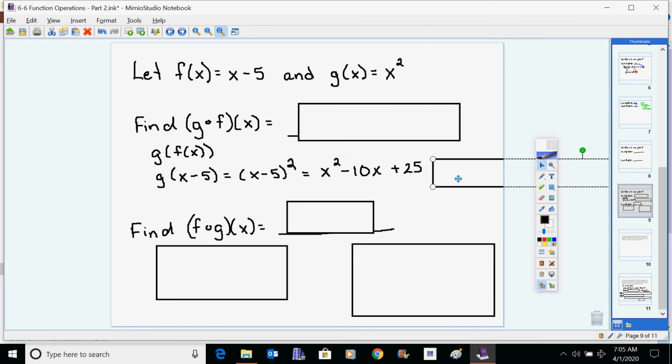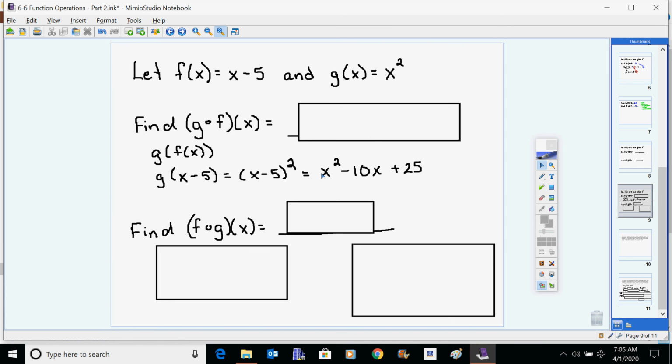You've got to multiply that thing out because it's a binomial squared. It follows the pattern: this one squared at the beginning, this one squared at the end, and 2 times these. If you need to write that out and do the multiplication, x minus 5 times x minus 5, do that for yourself to convince yourself.